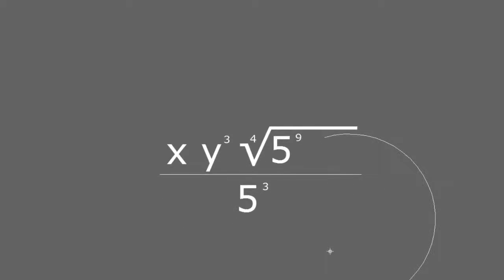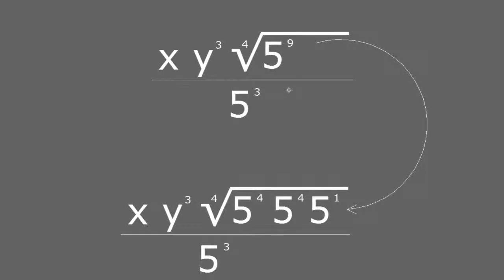What I can do with that is now separate it, because it is convenient for me to separate it this way. Now it becomes 5 to the 4th power multiplied by 5 to the 4th power multiplied by 5 with an exponent 1. In this case, when I am multiplying the same base number with different exponents, the rule is that you keep the same base number and you add the exponents.